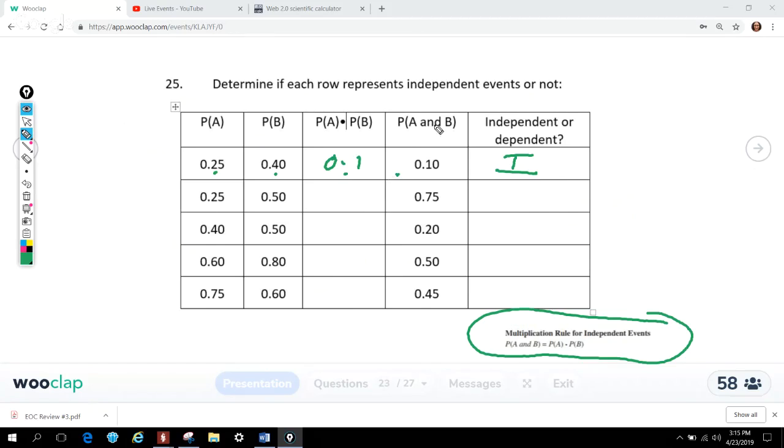So if I do 0.25 times 0.5, I get 0.125. Does 0.125 equal 0.75? No, so it's dependent. 0.4 times 0.5 is going to give you 0.2. Does 0.2 equal 0.2? Yes, so it's independent.